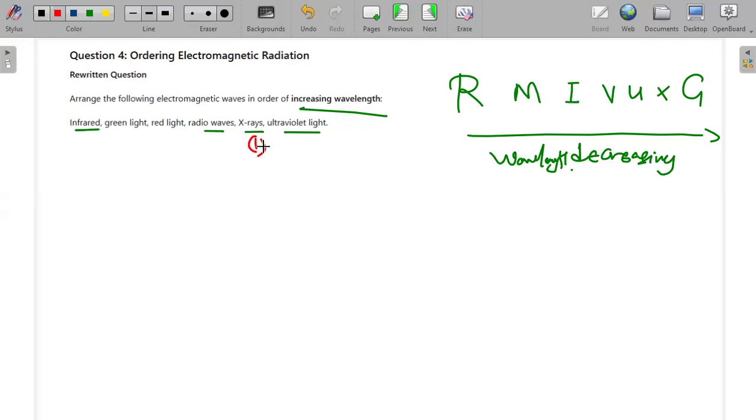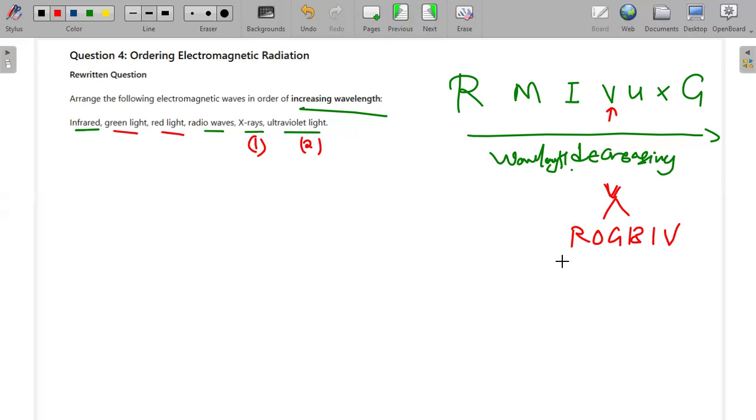After the X-rays, you go to the ultraviolet. From the ultraviolet, you need to go to the visible light, but they've given us the specific colors. So I have to divide the visible light into its spectrum. We said the spectrum for visible light is Roy G. Biv, and there they've given me green and red.